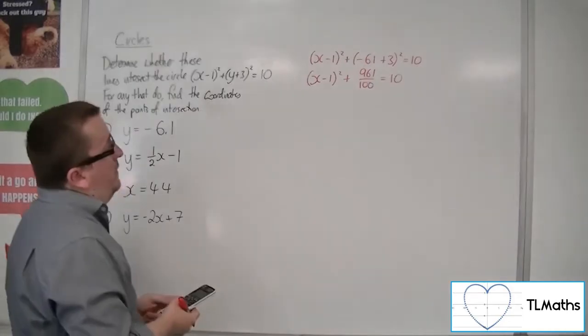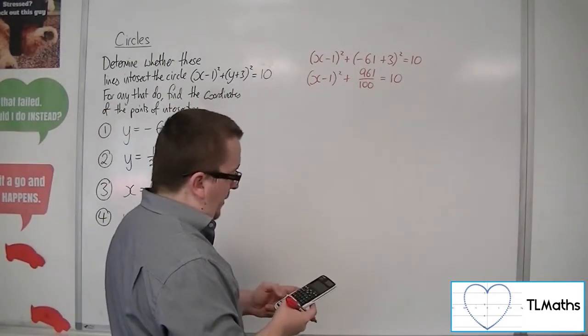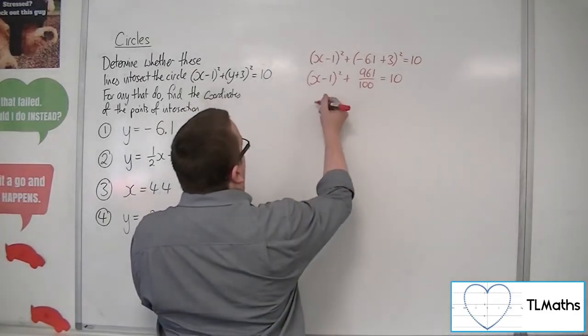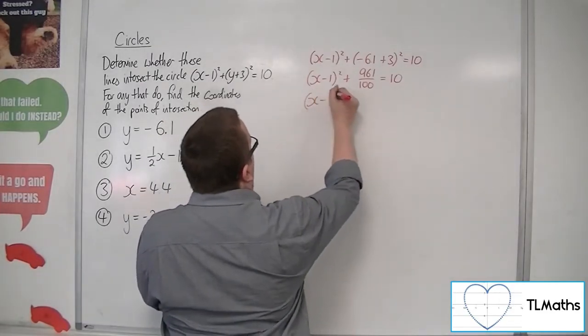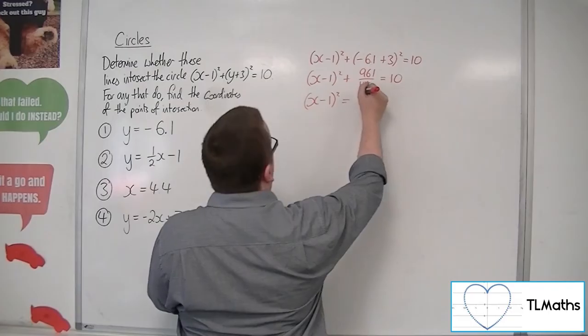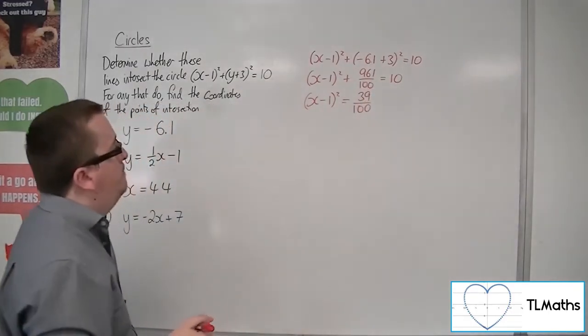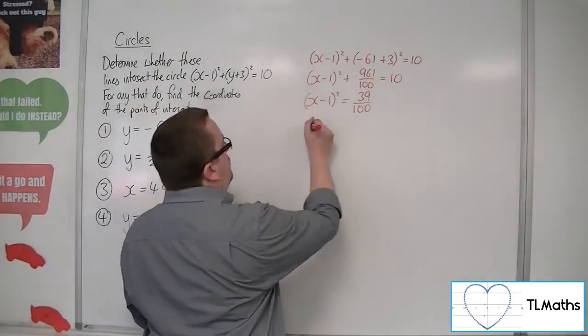So if I subtract the 961/100 from both sides, I get (x - 1)² = 39/100. Then I want to square root both sides.